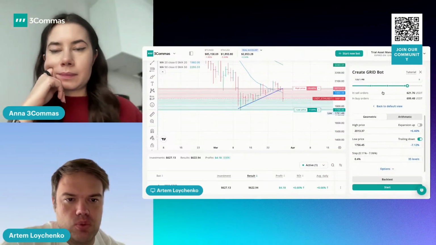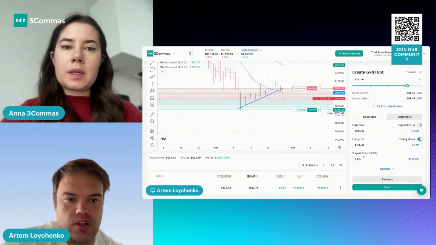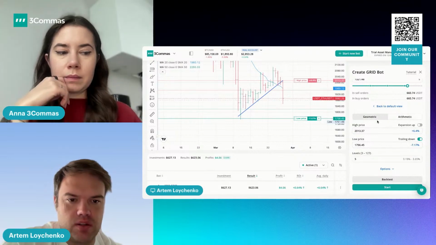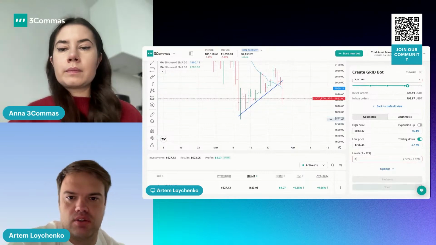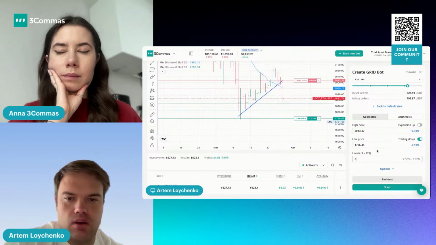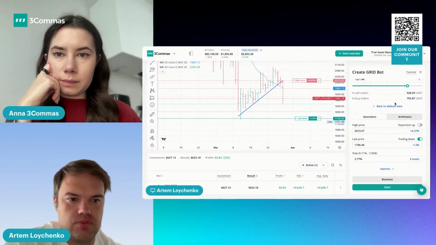The thing we want to do next is set up our grid, obviously. You can do it in two ways, either geometric or arithmetic. With arithmetic, you simply place the number, and you can see it reflected here on the chart. You can see the percentage scale here. Both ways are suitable, just how you find it better for you.